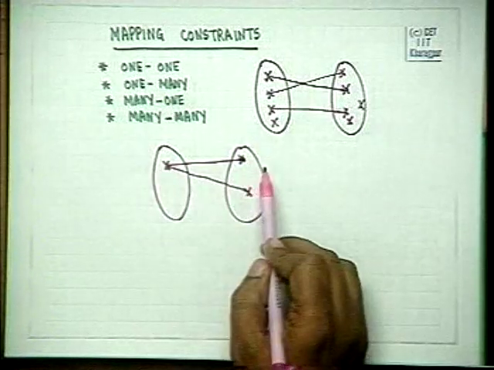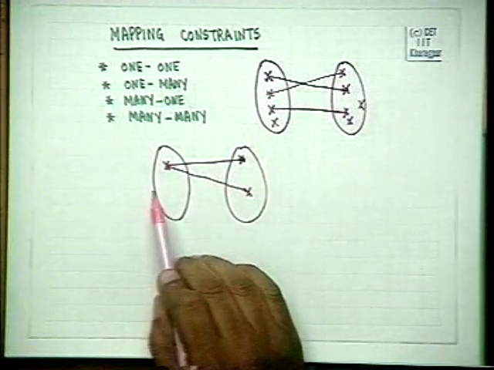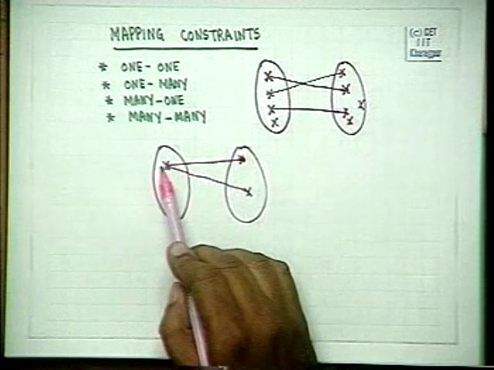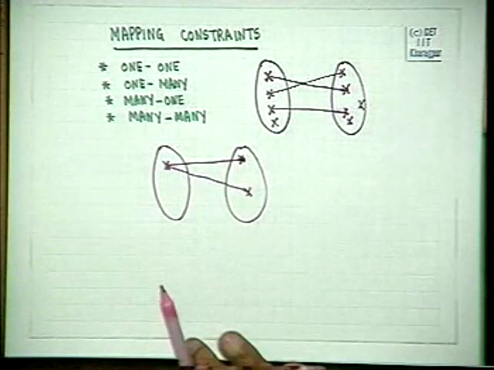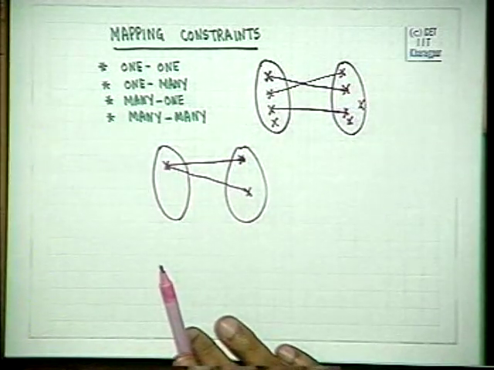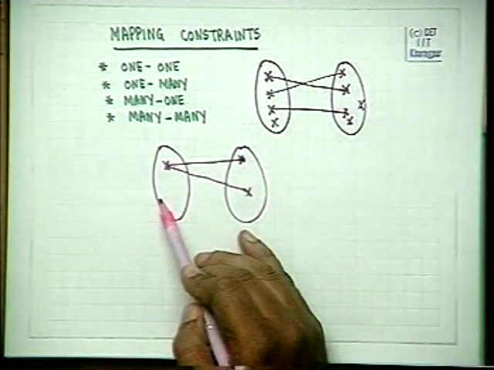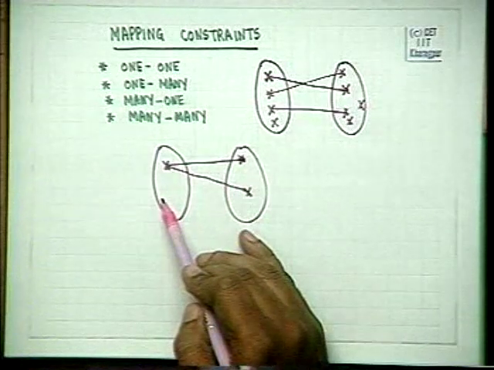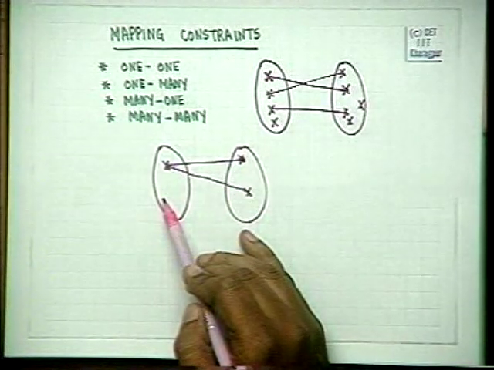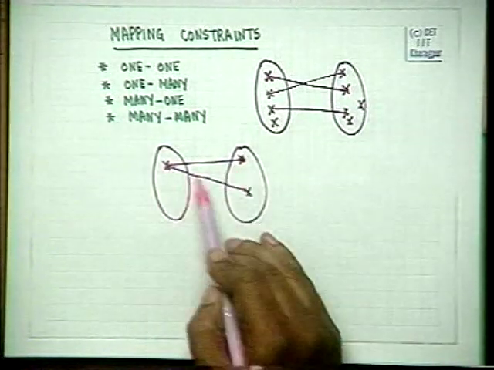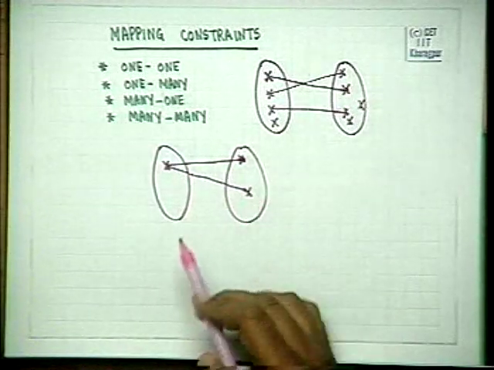From this side, if it is one to many, then this element can be mapped to more than one element. But many elements from here cannot be mapped to here. Yes, one element can map to many elements. That is all right.